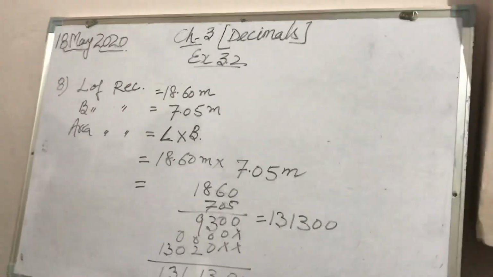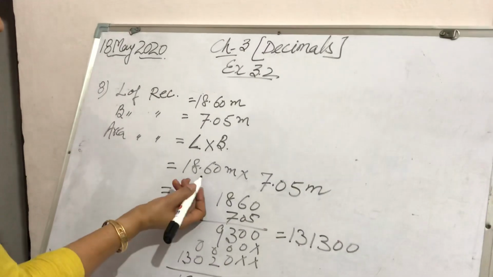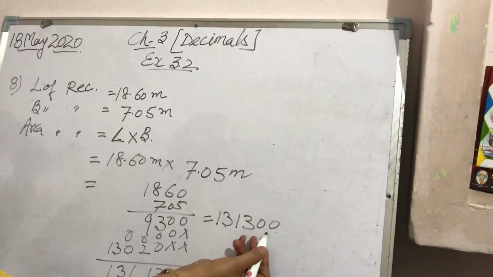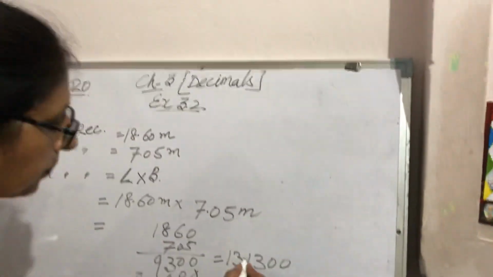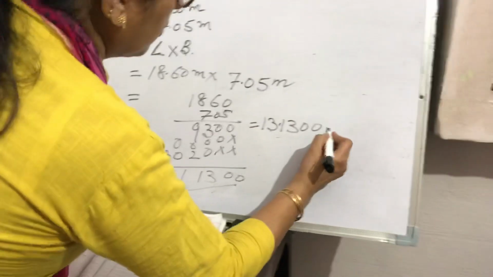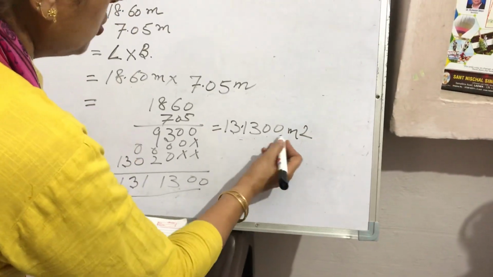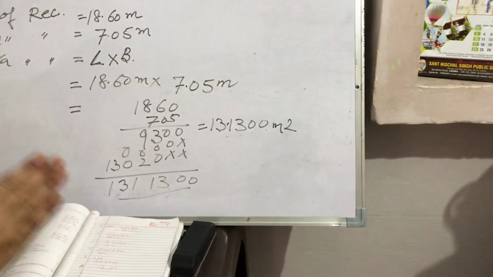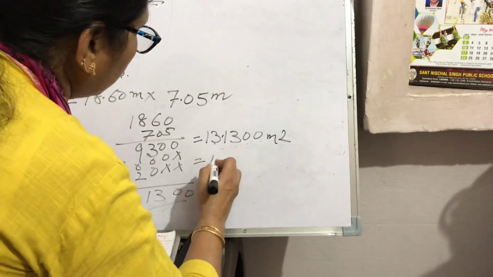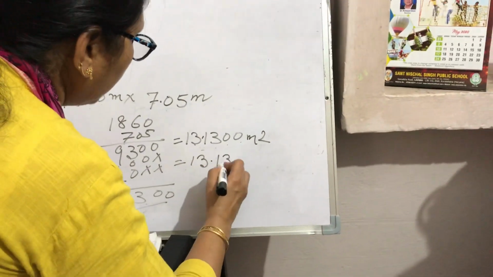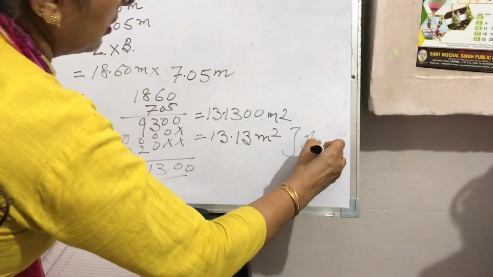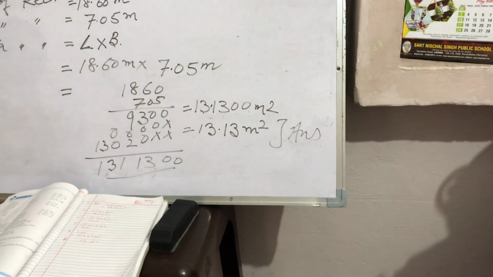Now we have to count decimal places: 1, 2, 3, 4. So it is 13.1300. But in decimal places the ending 0s we can leave. So 13.13 meter square. This is the area of the rectangle.